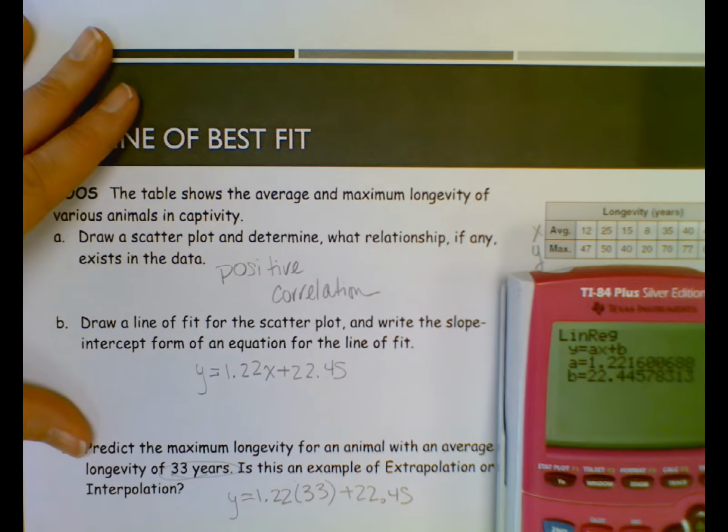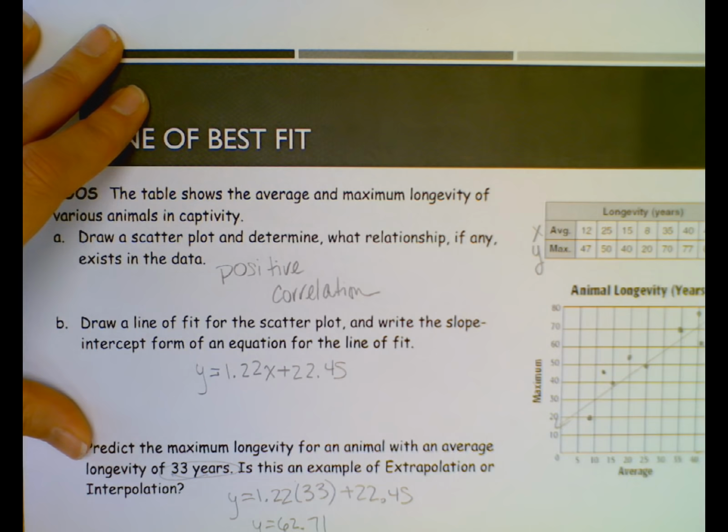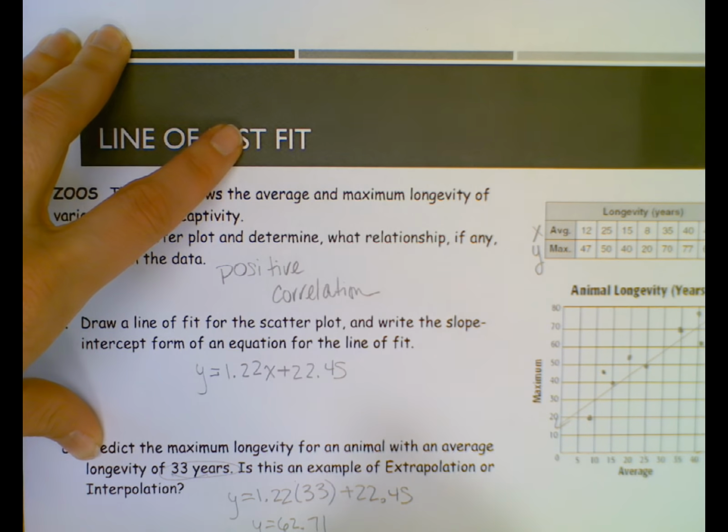Just using my calculator, I get that y is 62.71. So that would be 62.71 years. Years is the unit that we're dealing with here.